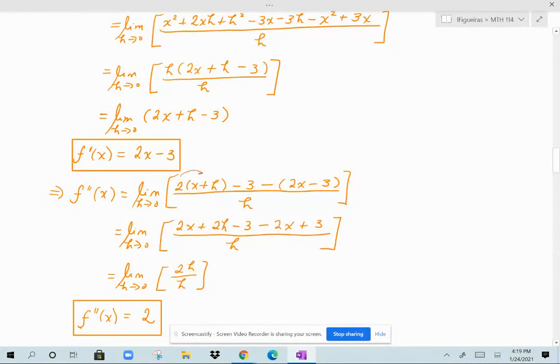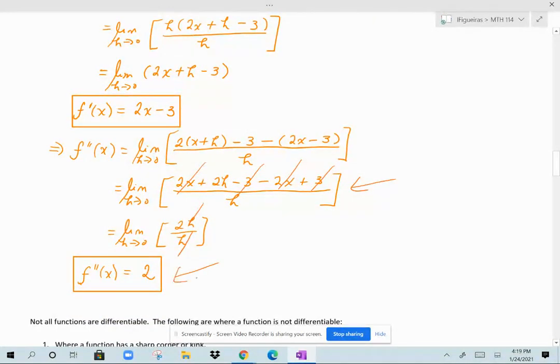Distribute the 2, distribute the negative, and I'm left with this line. Several things cancel, so the 2x's cancel and the 3's cancel. I'm left with 2h over h. The h's cancel, so I'm left with a constant, and just as we expected, my second derivative is equal to a constant of 2.